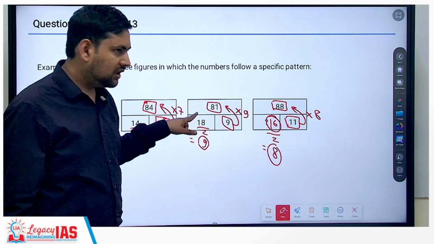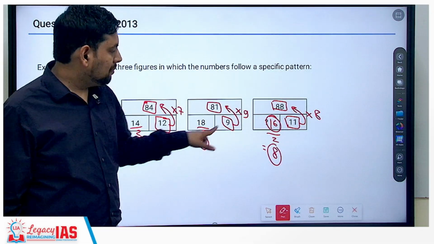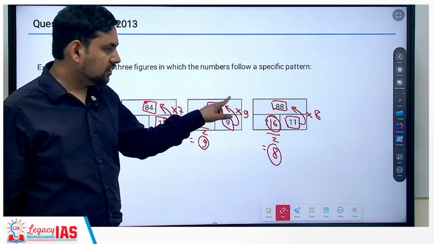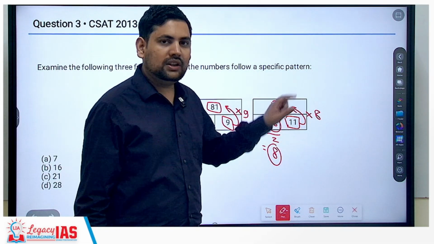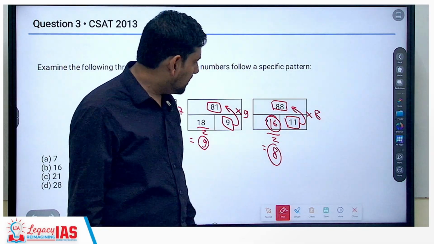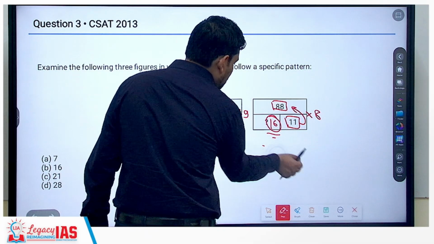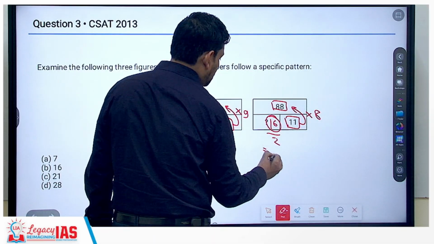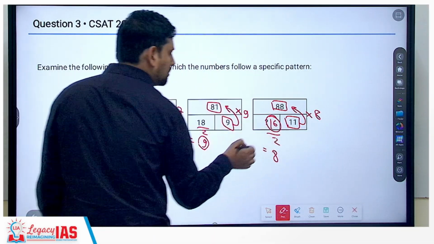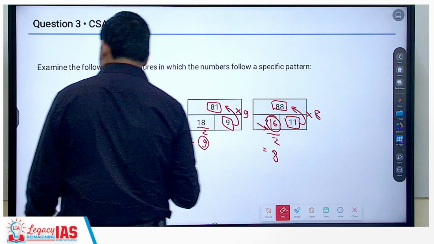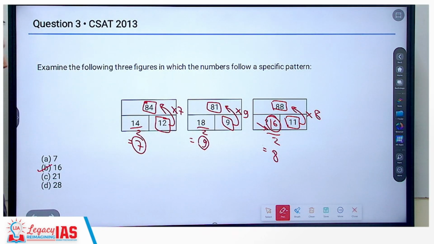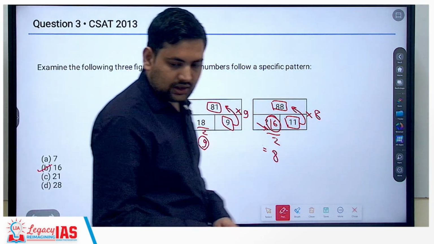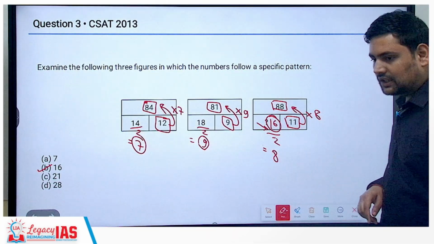So in the bottom you divide the first number by 2, multiply it with the second number, you get the top number. Same thing should be followed here also. So answer becomes 16, since dividing it by 2 gives you 8. So answer becomes B. Okay, that is it. Thank you.